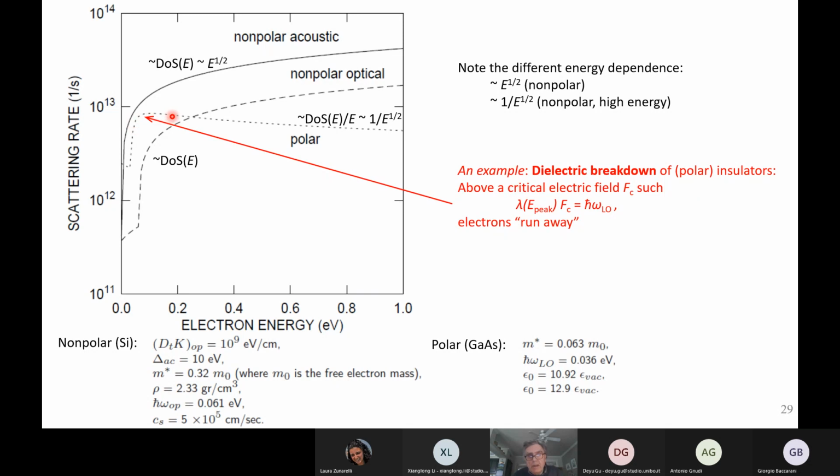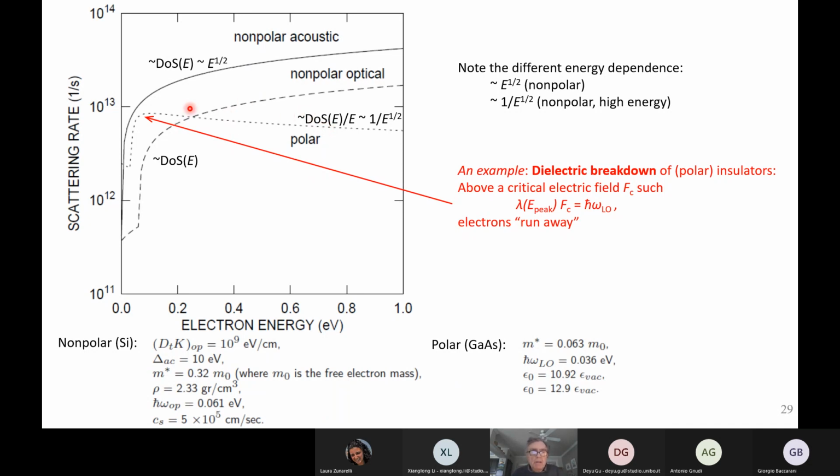And as it moves and gains energy, the mean free path grows more and more. So the energy that it can gain from the field increases even more, and it scatters less frequently. And eventually there's nothing that prevents the electrons from gaining an infinite amount of energy. Infinite is in quotes.